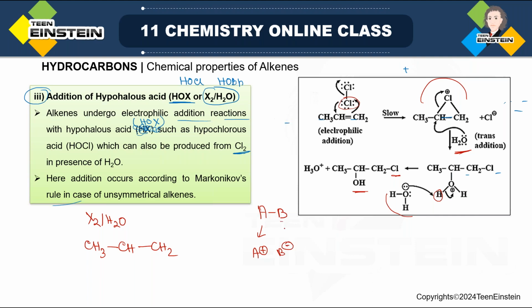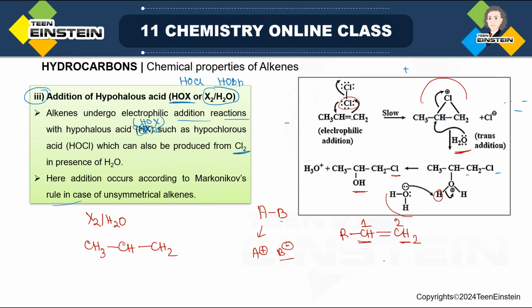So suppose here B is more electronegative, it will generate the negative part, right? And when you have an unsymmetrical alkene, see carbon number 1 and carbon number 2. Carbon number 2 has more hydrogens attached to it. Carbon number 1 has fewer hydrogens, because only one hydrogen, here two hydrogens.